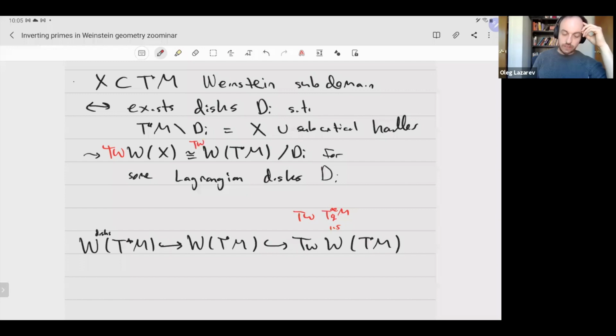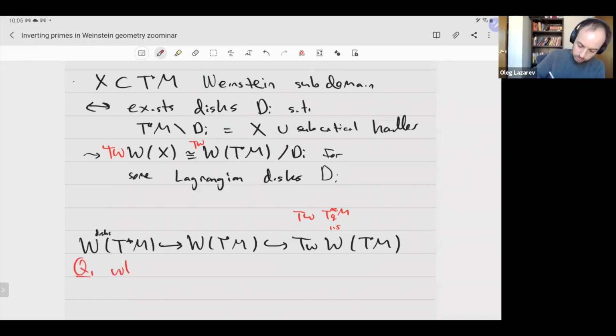So we have these embeddings of categories. On the left, I have a category of disks consisting of objects that are actual Lagrangian disks and morphisms given by wrapped Floer homology. Then we have the wrapped Fukaya category of T star M consisting of genuine Lagrangians. And then we have the Fukaya category of twisted complexes, where we take this formal algebraic enlargement, and we're interested in the image of this embedding.